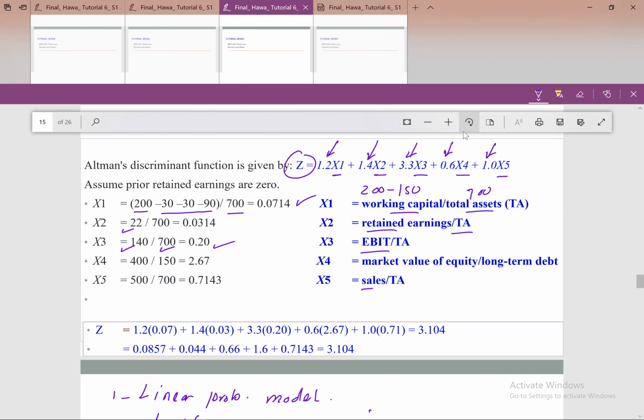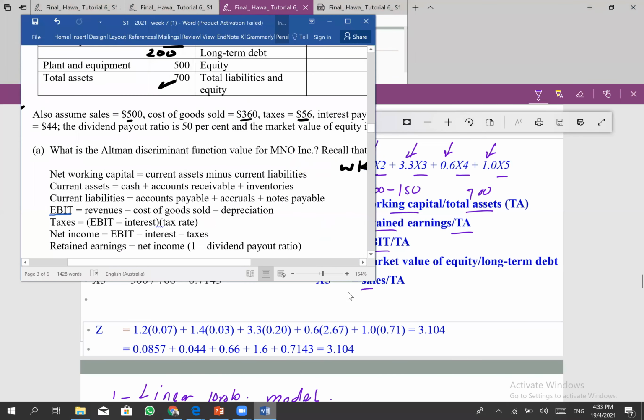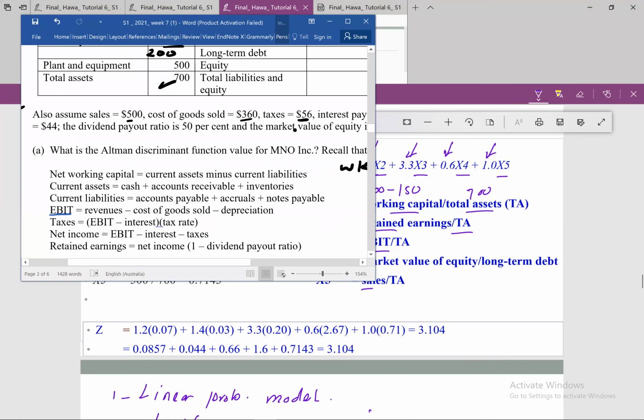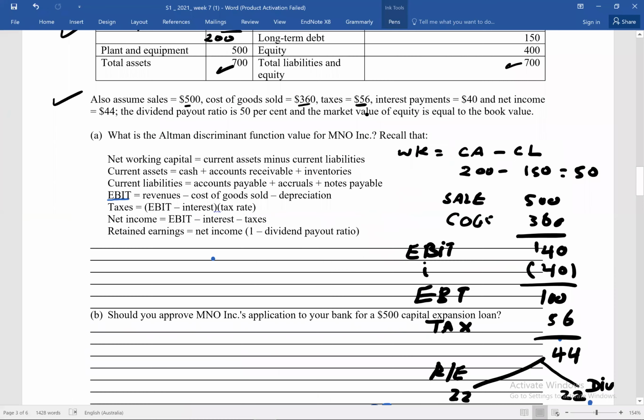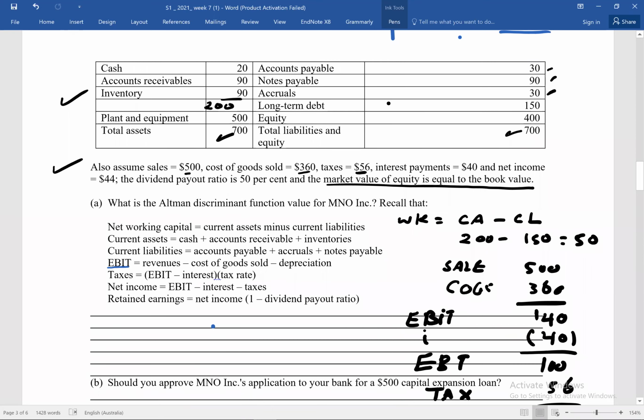And then the market value of the equity, they mention it clearly that the market value of the equity is equal to the book value. How much is the book value? The book value is actually 400.